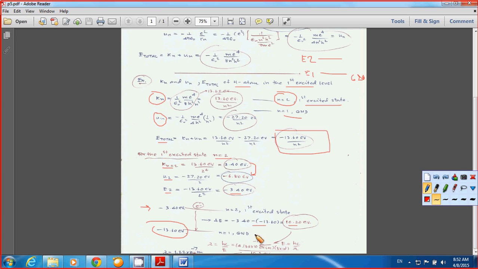And if you want to find the wavelength of the photon, or the light, you can calculate from lambda equal to hc over E, or E equal to hc over lambda. So you end up with lambda equal to 1.22 times 10 to the negative 7 meter, or 0.1 micrometer.